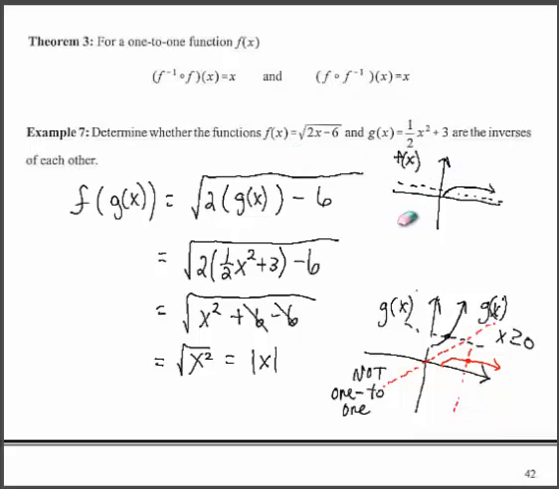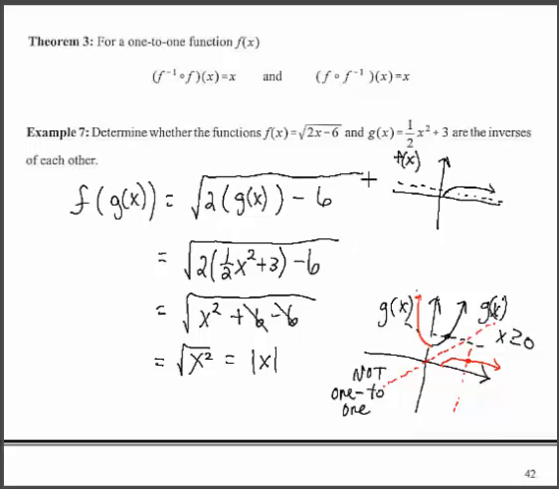But the way the problem stated, there are no restrictions on x. And so g of x is not one-to-one. g of x, the original problem, is this full parabola. So there is no inverse function. f and g are not inverses of one another.